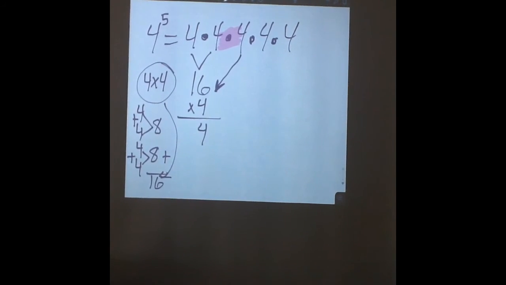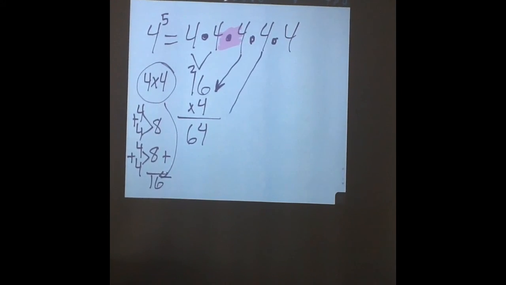4 times 6 is 24. What do I do with the 2? Do I just put it down there, or do I regroup? I carry it, right? Or regroup. 4 times 1 is 4, plus 2 is 6. Now I have a 64, right? Yes. Now what do I do?